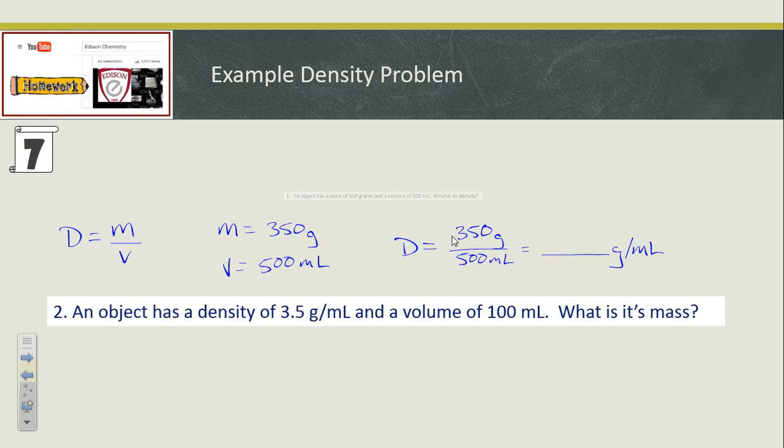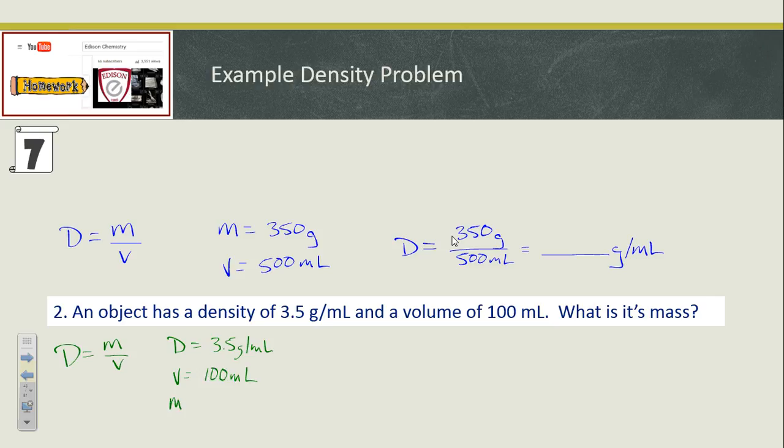An object has a density of 3.5 grams per milliliter and a volume of 100 milliliters. What is its mass? This is the same equation, but the different variables are given to you. So we'll go with a different color here. Density equals mass divided by volume. The density equals 3.5 grams per mil in this case, and the volume equals 100 mil.